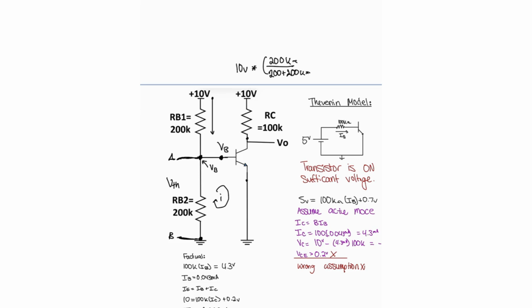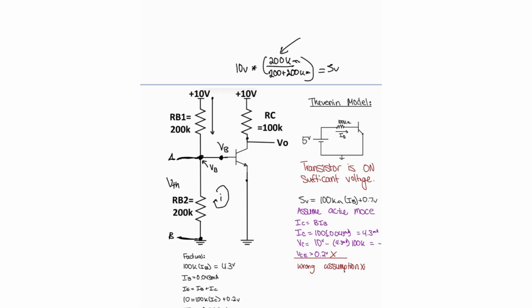It's a voltage divider, so we take the 200K ohm resistor divided by the total resistance. This gives us 5 volts.